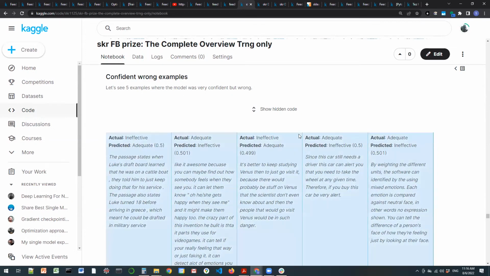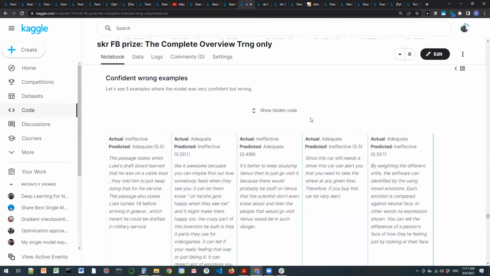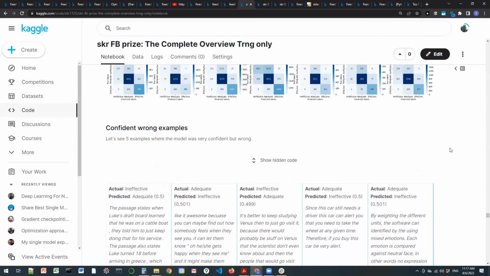You know what I'm saying? This difference of struggle between effective and adequate is true across all discourse types, mostly. It's worse in some, better in others, but in all cases it's bad compared to the ability to distinguish between effective and ineffective.